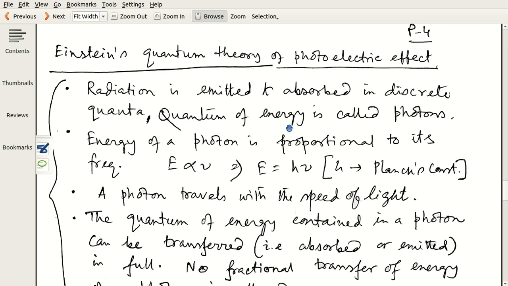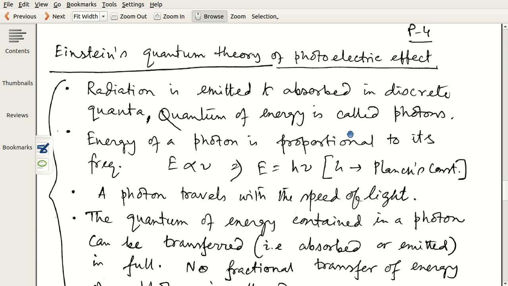Einstein used the concept and extrapolated it to electromagnetic radiation, and he said that the radiation is emitted or absorbed in discrete quanta.